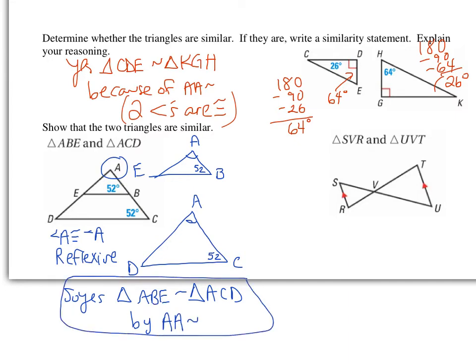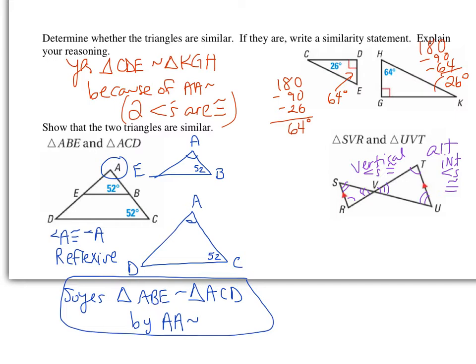So for this last one, if you notice, we do have some parallel lines in there, and if you remember from before, these alternate interior angles are going to be congruent, and there's actually 2 sets of them. We will also have our vertical angles in the middle, and they are also congruent.